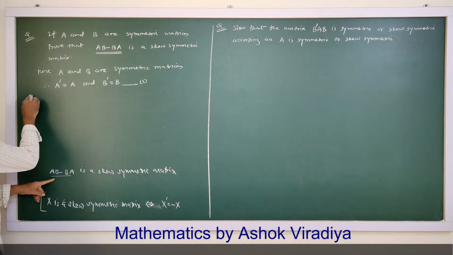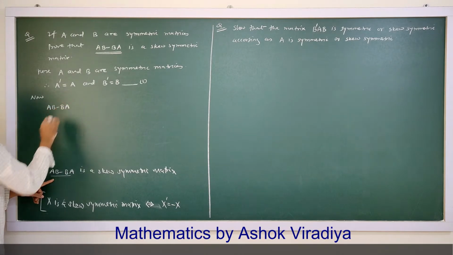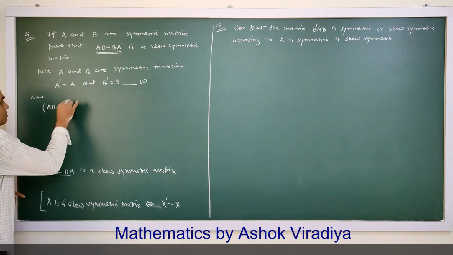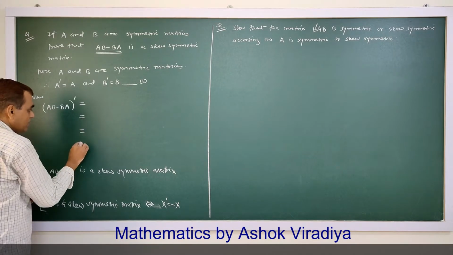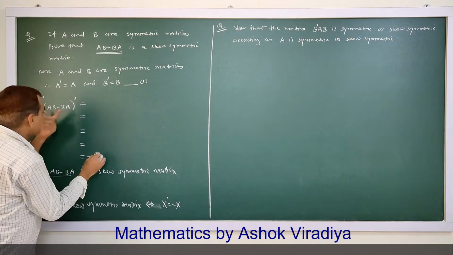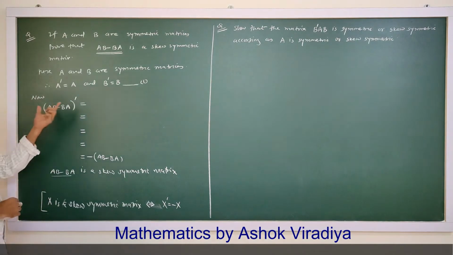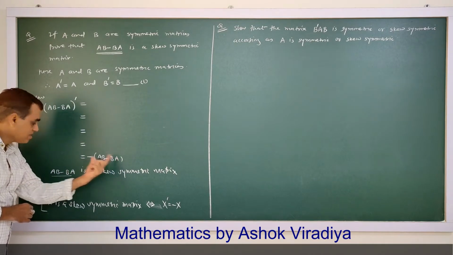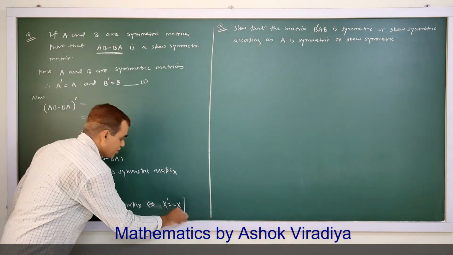We will prove that the transpose of AB minus BA is equal to minus of that matrix, X dash equal to minus X. So X is a skew symmetric matrix. Application of this definition.